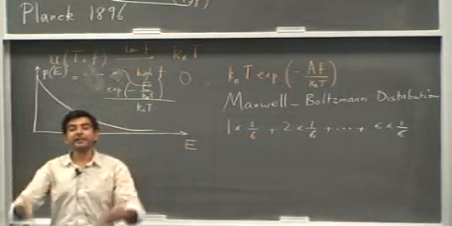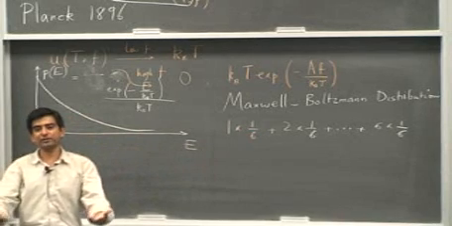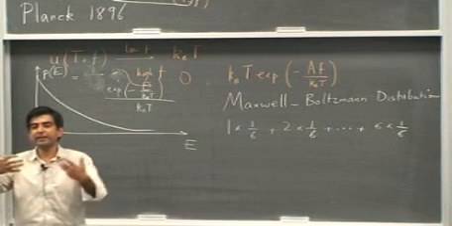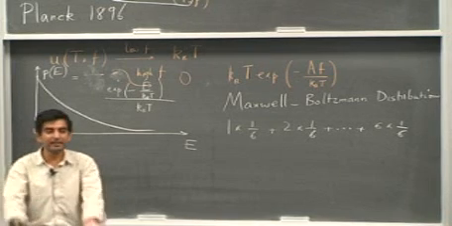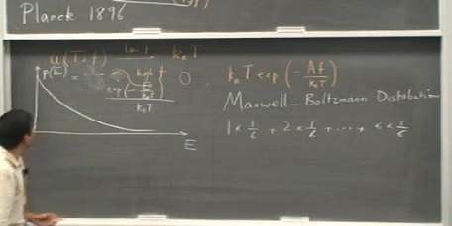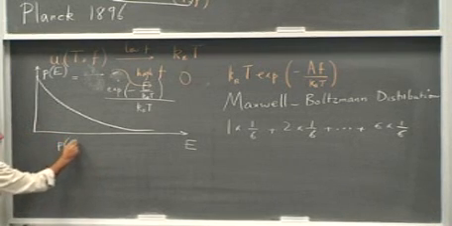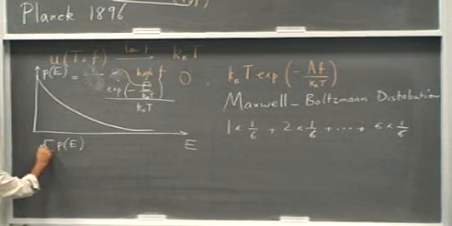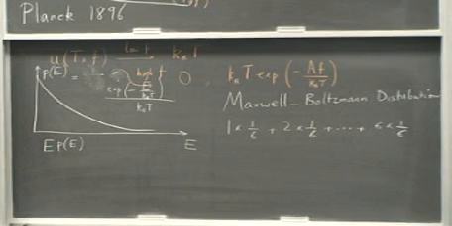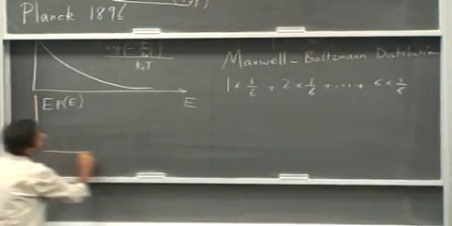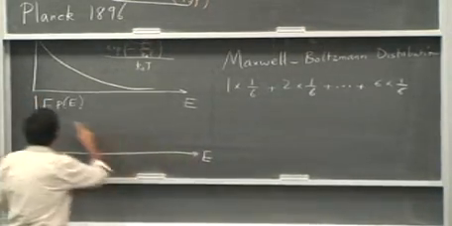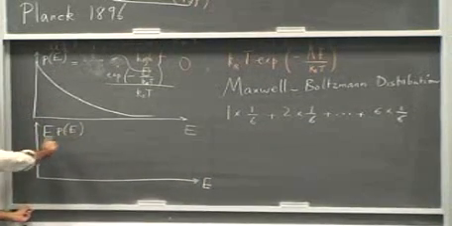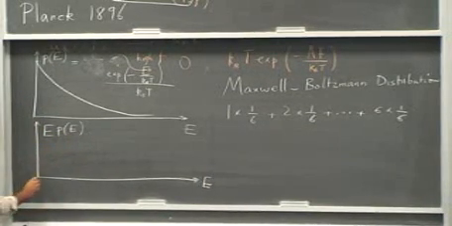So in order to find the average of something, which is called the expectation value, in order to find the expected value of the energy, you have to multiply the probability of energy with the energy itself, and this will give you the average value. So if we plot a graph between E and P(E) times E, the graph will look like this.